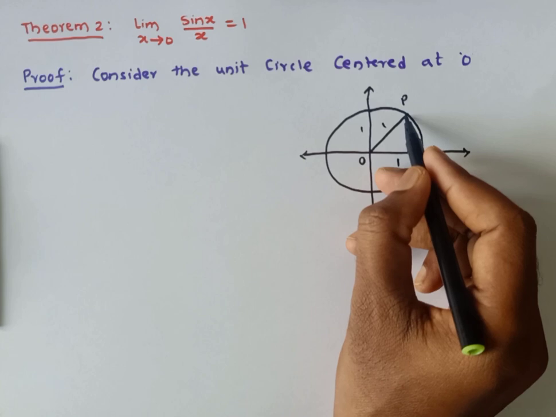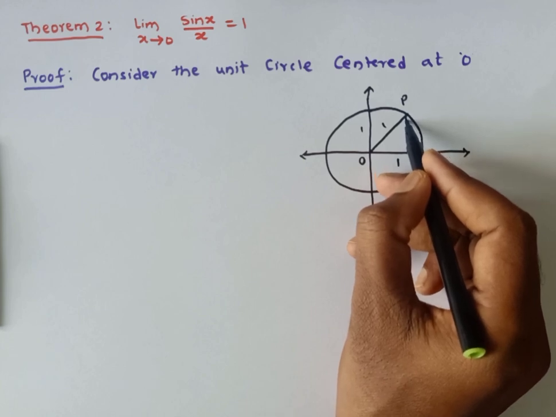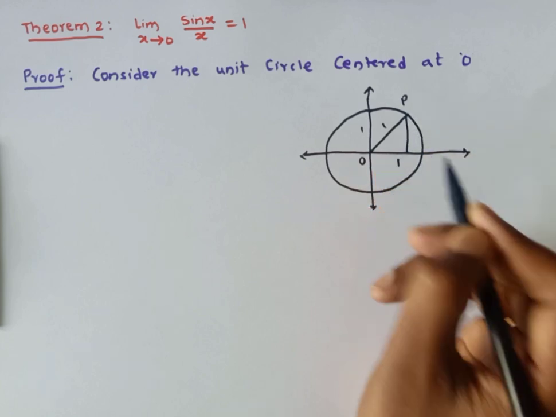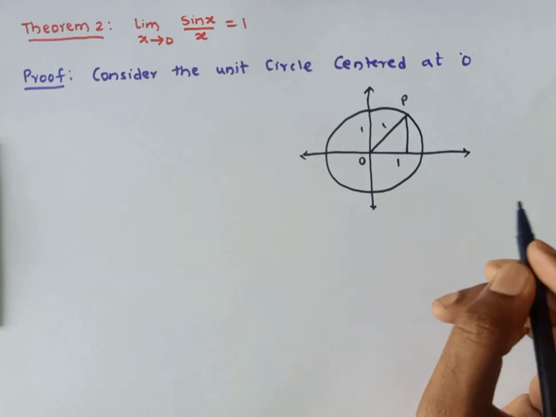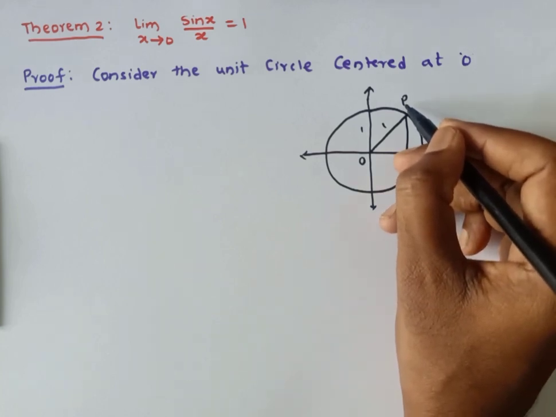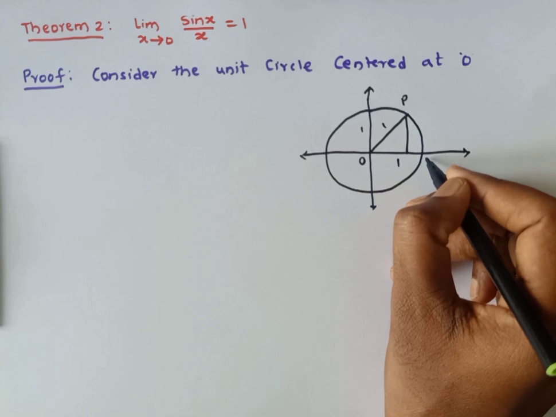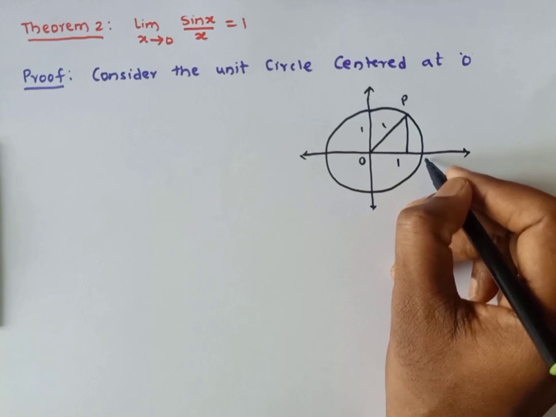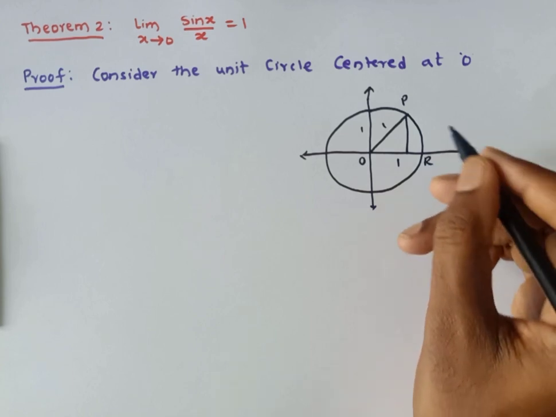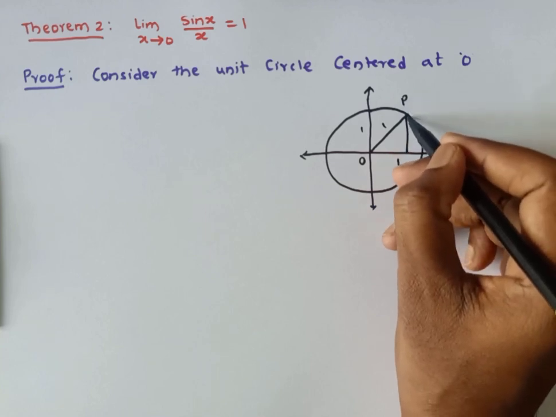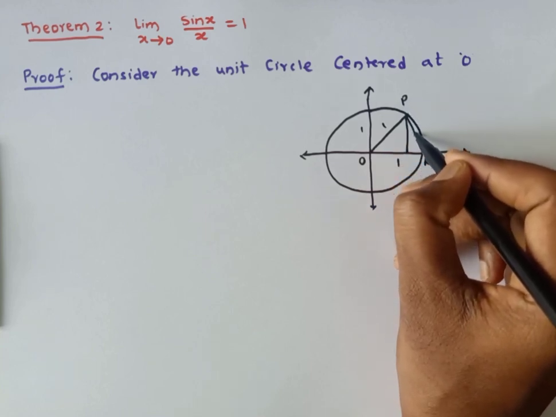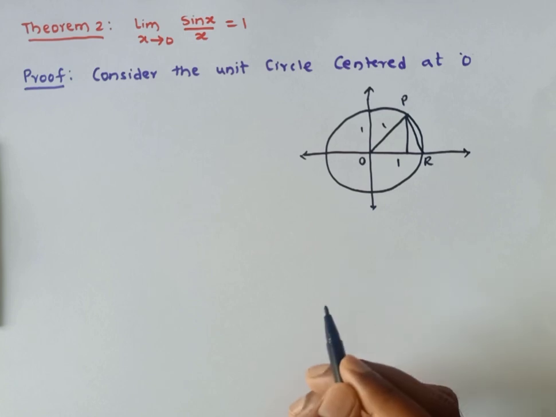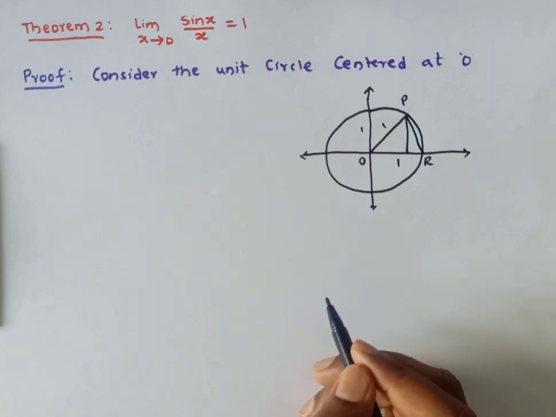From this point you can drop a perpendicular line to the x-axis, and let this be the point R. Now you can join these 2 points also on the circle, so this is one more triangle.